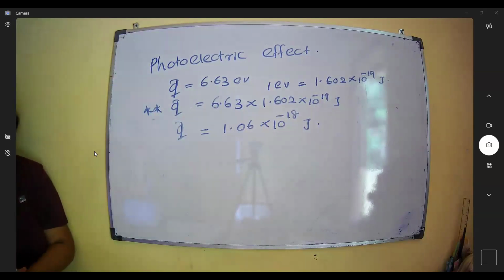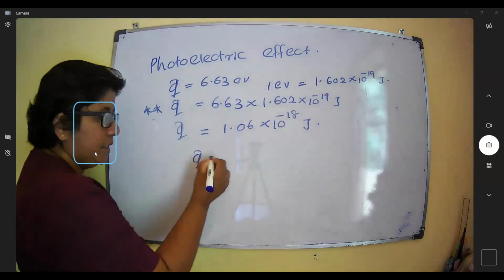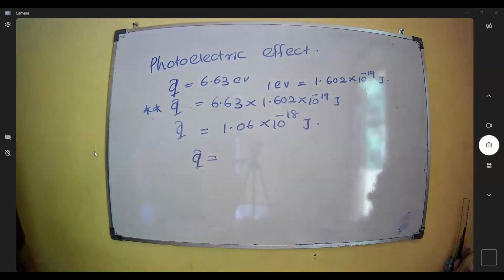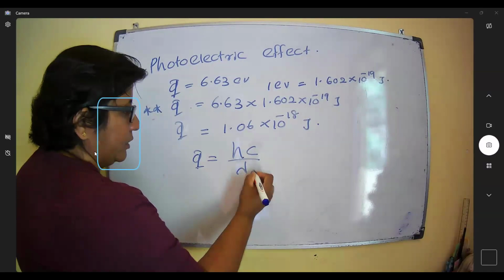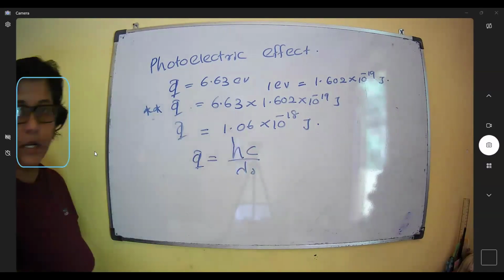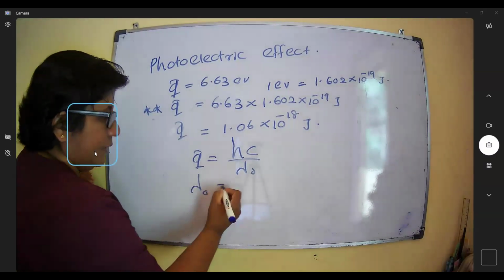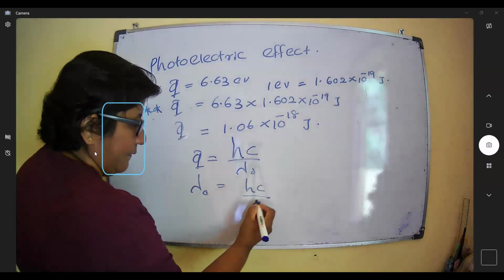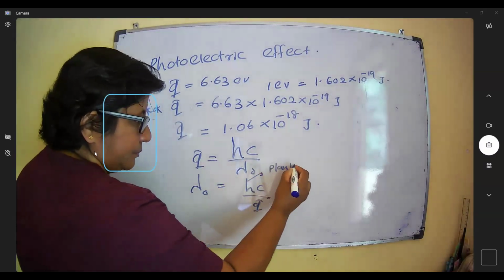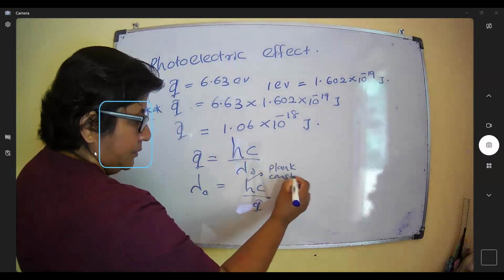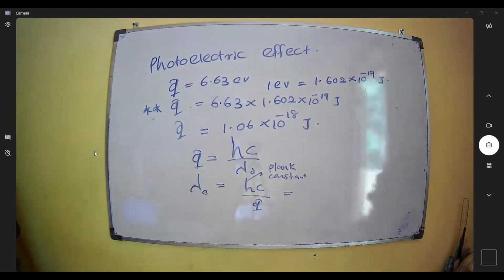The question is asking about lambda and phi. Then you have to remember the equation: the work function is equal to hc over lambda naught. Then lambda naught is hc over phi. Here h is the Planck constant, c is the velocity of light, and phi is the work function.